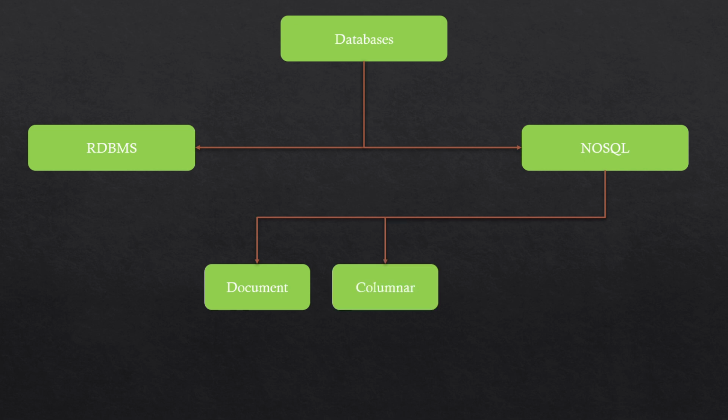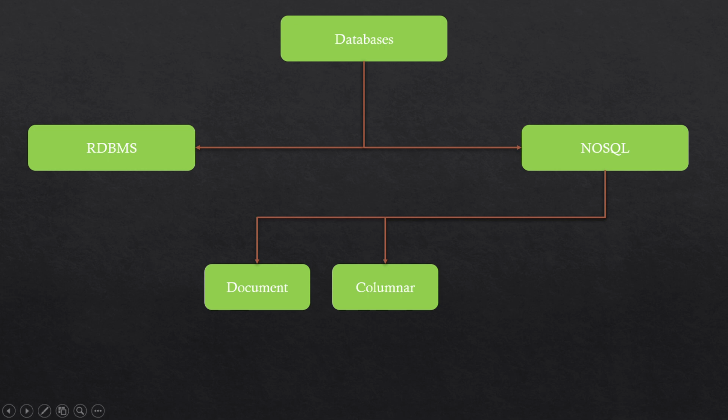Now the second category is a columnar database. Now a columnar database is just the pivot of your RDBMS table. So rather than storing the data in a table row wise, here you store your data column wise.